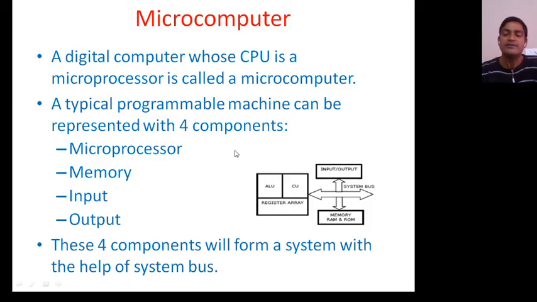This is called your system. This complete thing is your microcomputer. This is your microprocessor, and the components of the microprocessor are the ALU, arithmetical logical unit, control unit, and register array. Okay, this is the bus organization of a microcomputer.